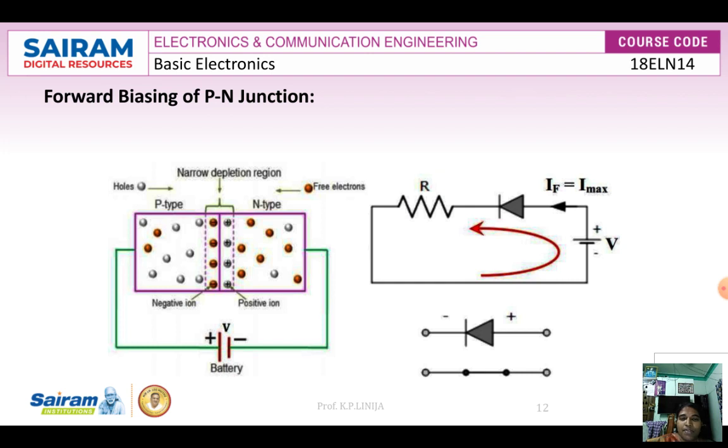The p-type semiconductor is connected to the positive of the supply voltage, and the negative terminal is connected to the negative of the supply voltage through the resistor represented by R. Here we can find the forward current, which is IF equal to Imax.